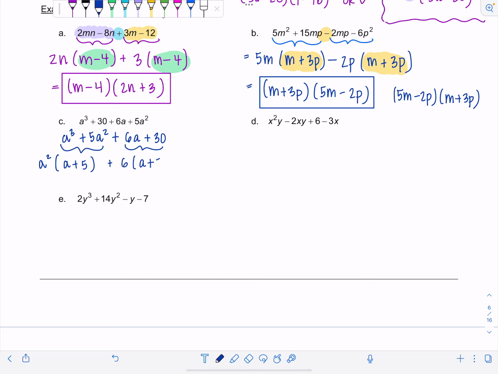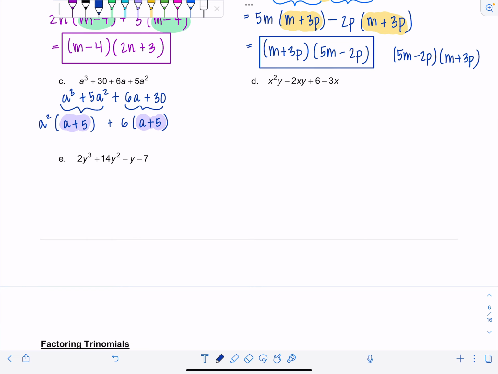And then I'm left with a plus 5. And then now, hallelujah, look at this, a plus 5. Oh, we were waiting for you, a plus 5. So then we can factor it out, and then we're left with a squared plus 6. Beautiful, beautiful. So that was a little squished, huh?